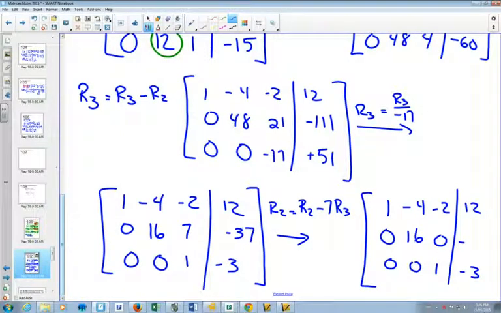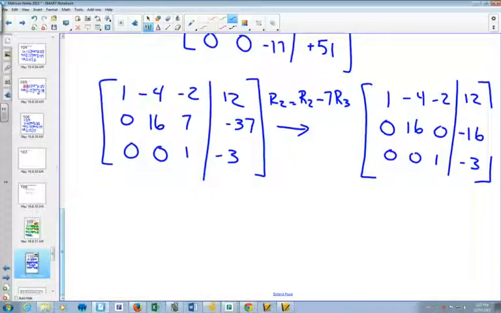Oh, plus 21, right? Plus 21 will give negative 16, which is a pretty number considering we have a 16 already in the middle. So now you could divide that row by 16.